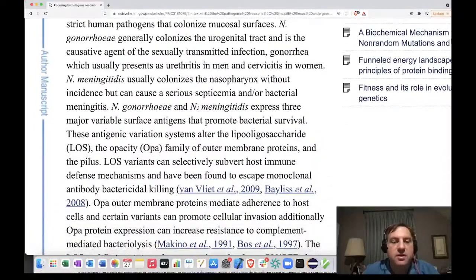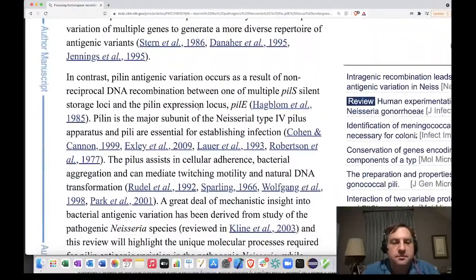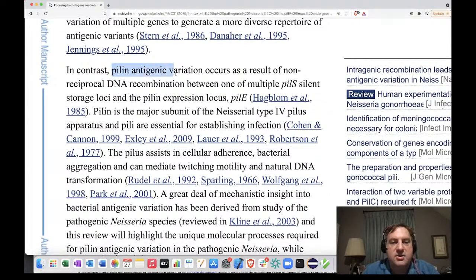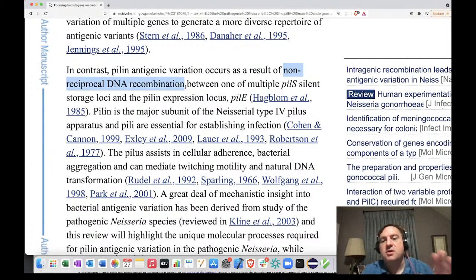So if we go through here, all right, pilin antigenic variation occurs as a non-reciprocal DNA recombination between one of multiple pilS silent storage loci and the pilin expression locus pilE. All right, so it's a non-reciprocal DNA recombination. That means it goes one way. It goes from pilS to pilE.